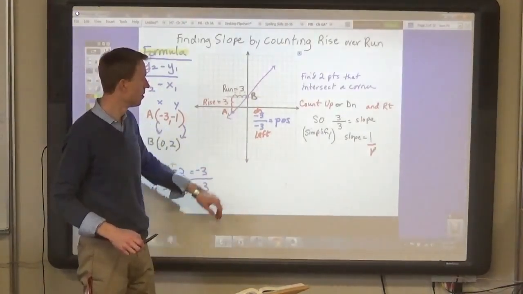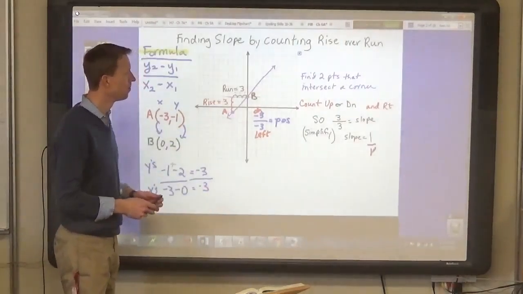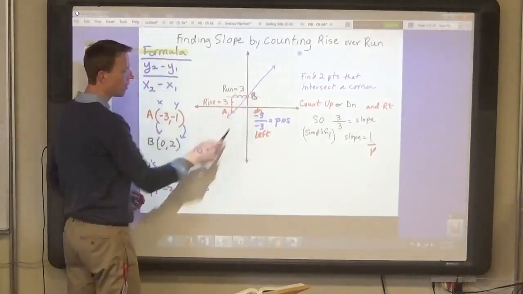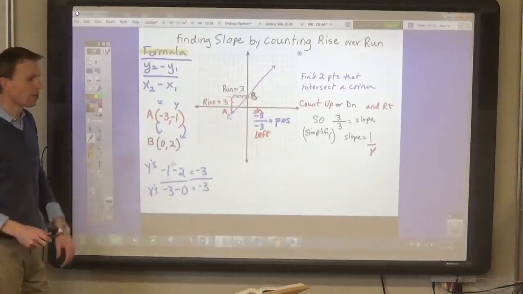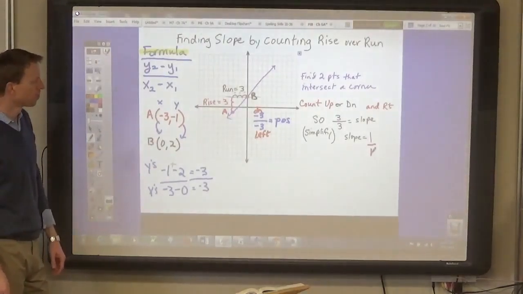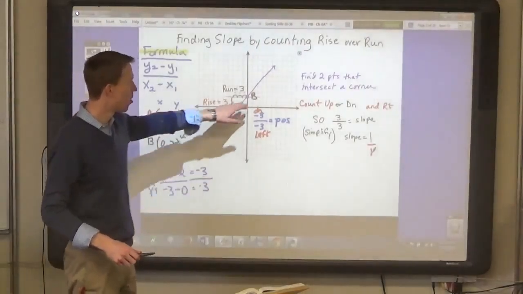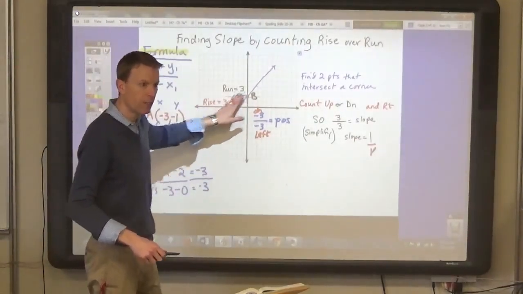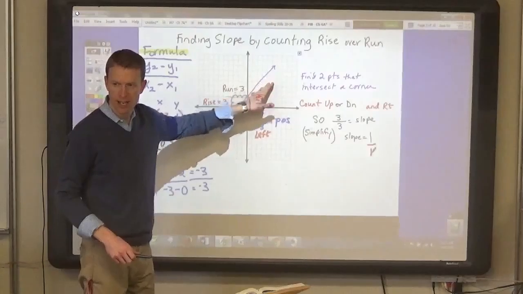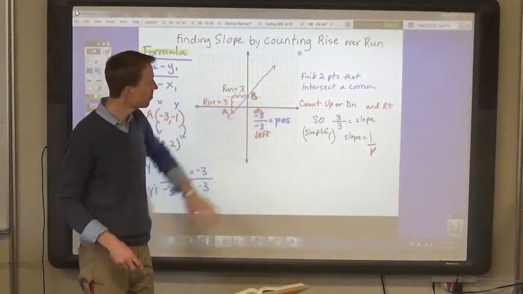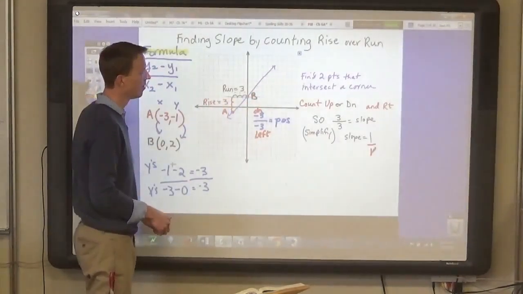Okay? So look at this graph. Now from A to B, these are two of the points on the graph. Another way to figure out the slope of this line, if you're given the line, is to count. Here's how you count.